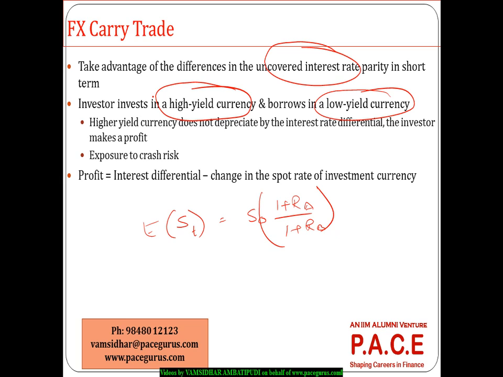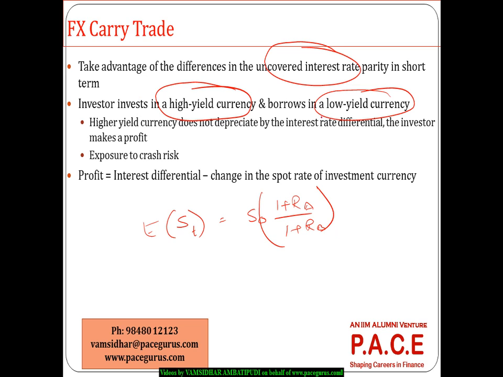So if the higher yield currency is not depreciating by the amount of the interest rate differential, then by getting into heavy borrowing in the low yield currency and heavy investing in the high yield currency, one could typically generate a profit, and that is what we are calling the carry trade mechanism.